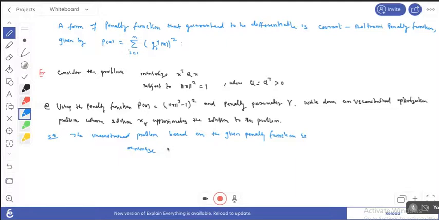Okay, what is minimize? Your objective function plus gamma times your penalty function. So this is the standard form.